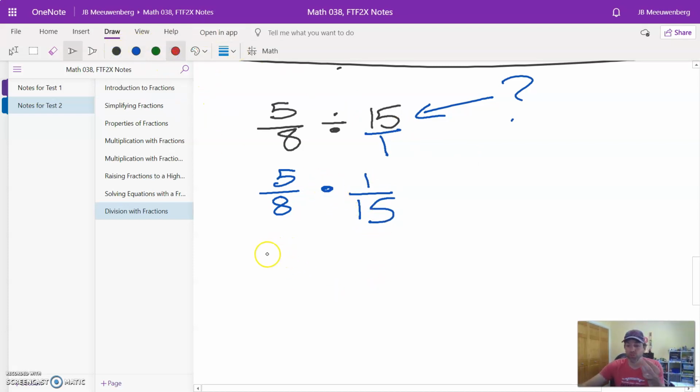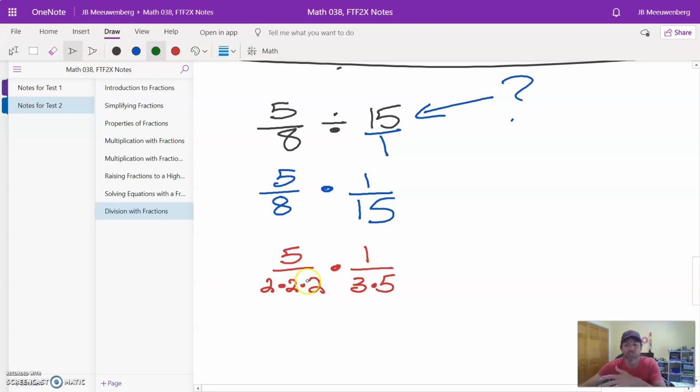I always like to do my cancellation simplification during the multiplication process. So 5 over 8 could be thought of as 5 over 2 times 2 times 2. And 1/15 could be 1 over 3 times 5. Maybe you don't need to write all that out. Maybe you just can recognize what cancels.